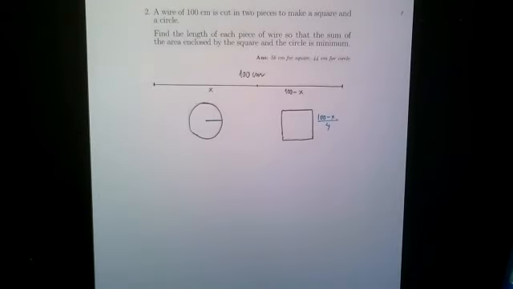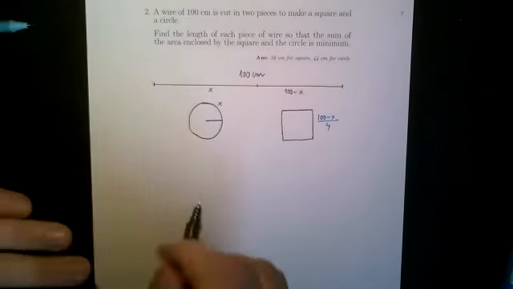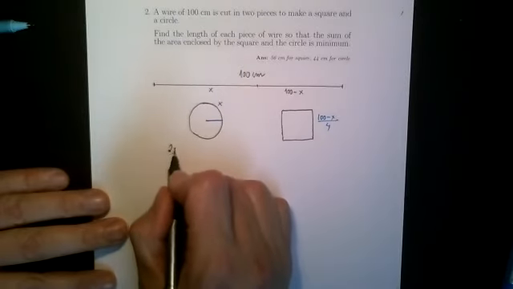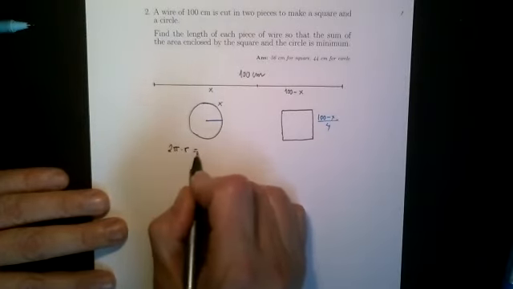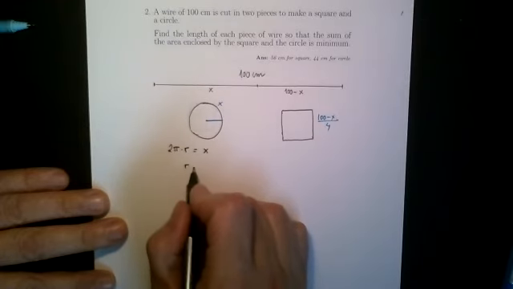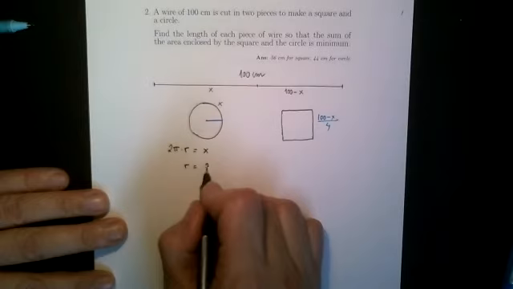It doesn't matter, it would work. And here, the circumference is x, so 2 times pi times the radius equals x. And so the radius is x over 2 pi.